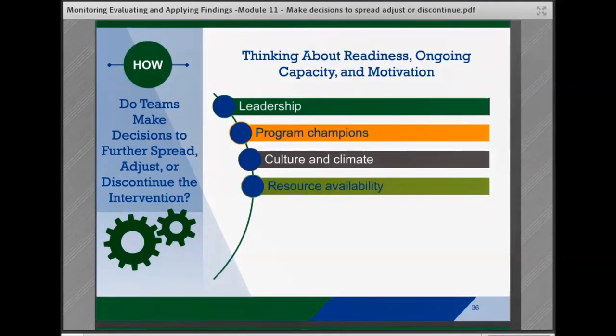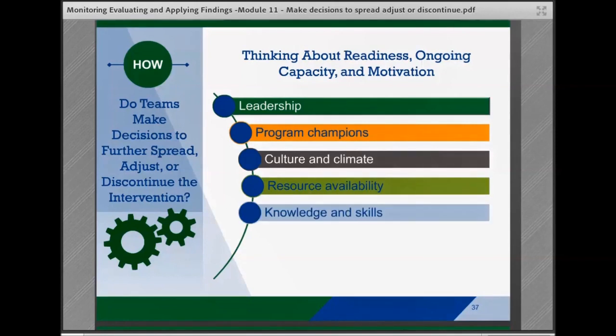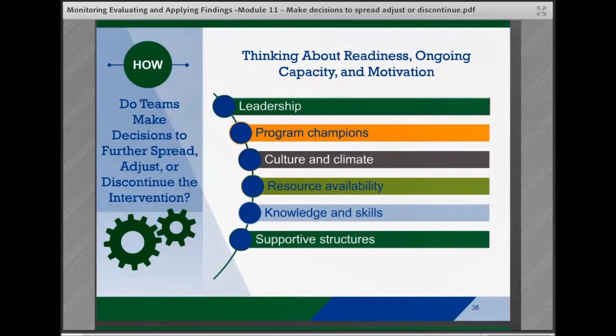Resource availability. Is there sufficient funding and staff to support continuation or expansion? Knowledge and skills. Have intervention-specific knowledge and skills been institutionalized to carry on those practices? Supportive structures.